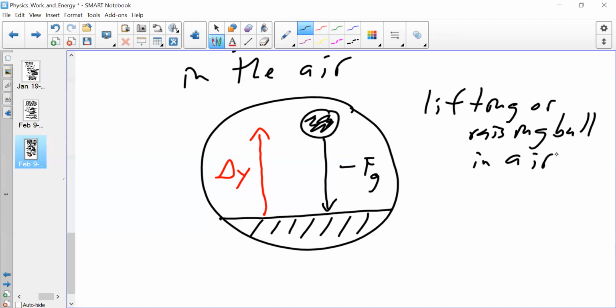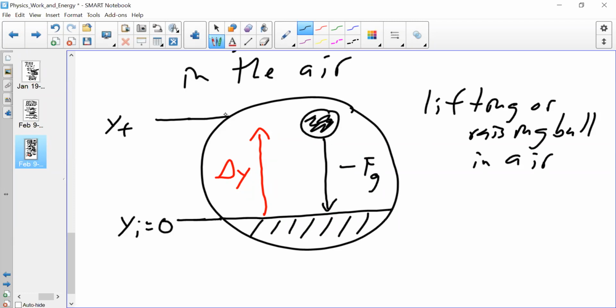Okay, so now at this point, I have changed my position. This is my starting point, my 0 point, y initial is equal to 0, to some new position that I call y final. And we know it's not 0. It's some place in the air. Now the ball is stationary, so I've lifted it up.